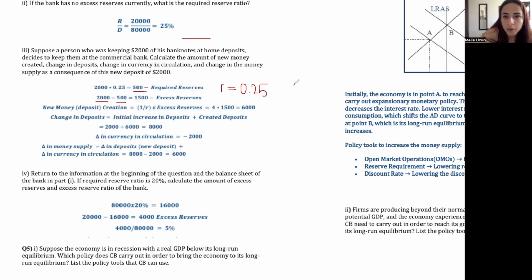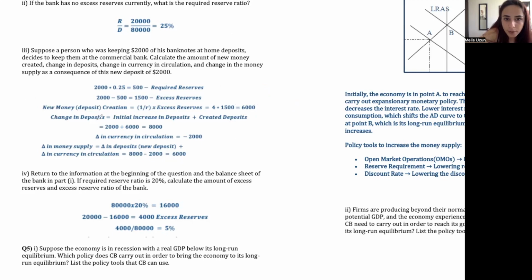So 1 divided by 0.25 is equal to 4. And our excess reserve is 1,500. If we multiply them, we will find 6,000. So it is new money creation.